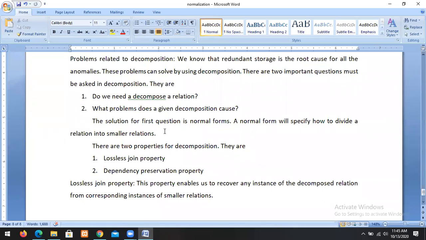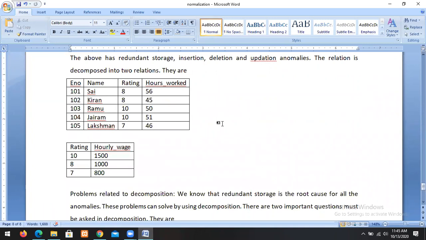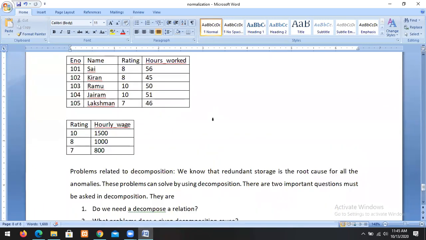For example, if we take this table and this is another table, suppose I want the rating, so from 8 we'll get the information. So we are getting the complete information from the original two tables, and then it is called a lossless join dependency.